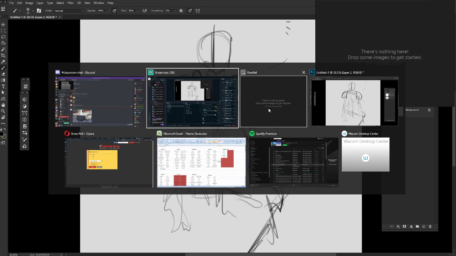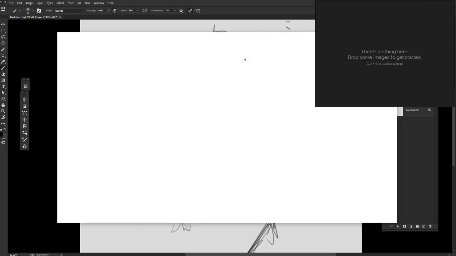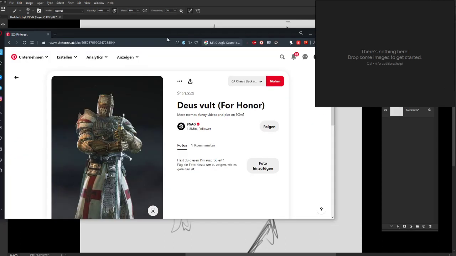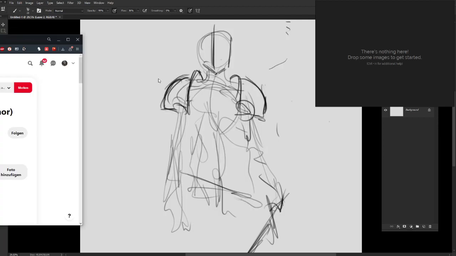So everything works fine. Let me just look at the different part of it. Yeah, let me research. I want to draw definitely a character, a knight, because I already set my intention.